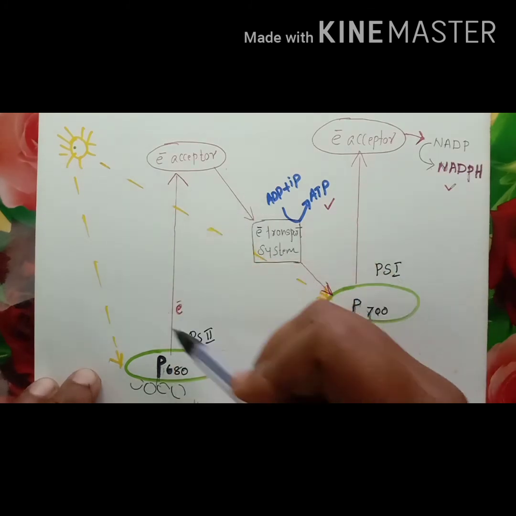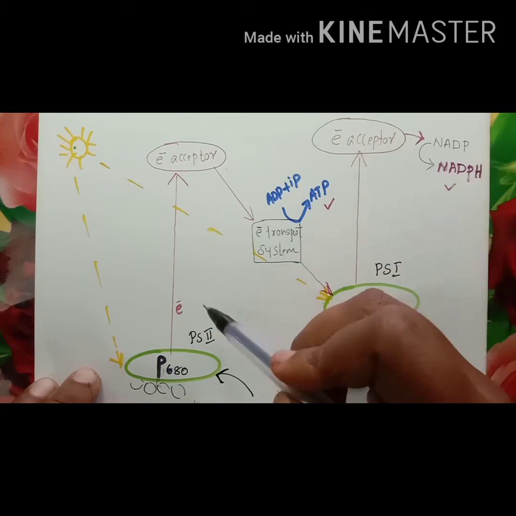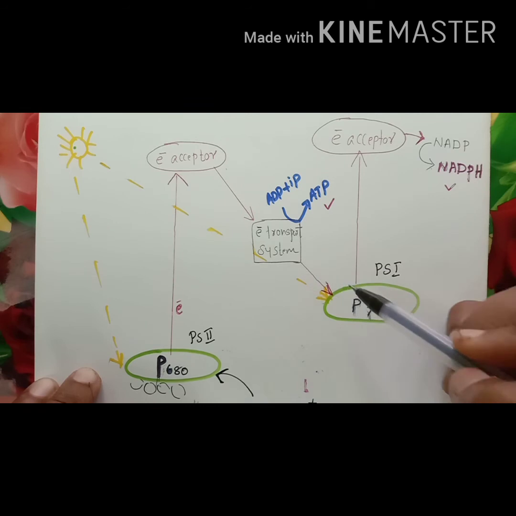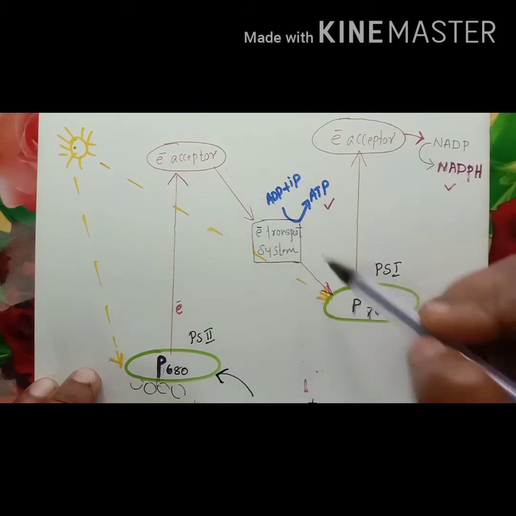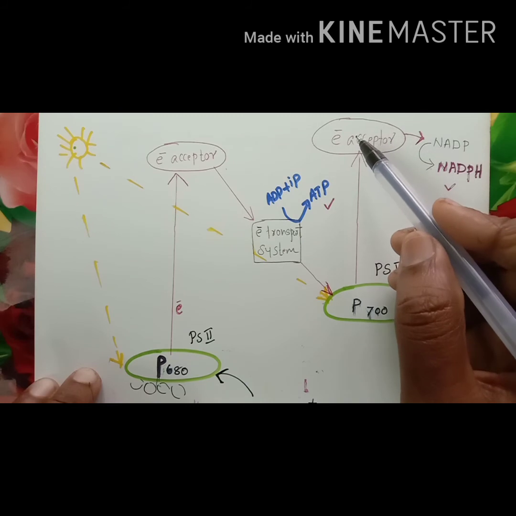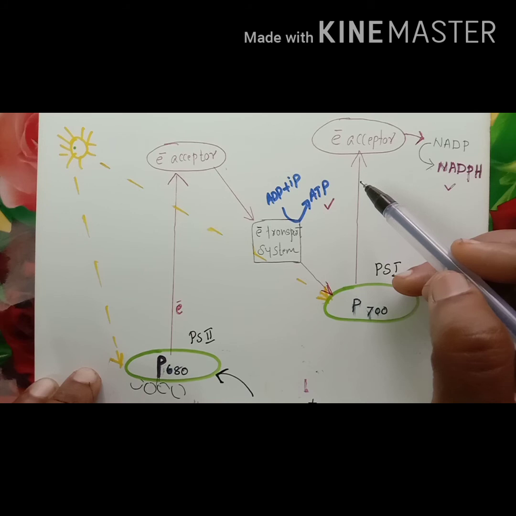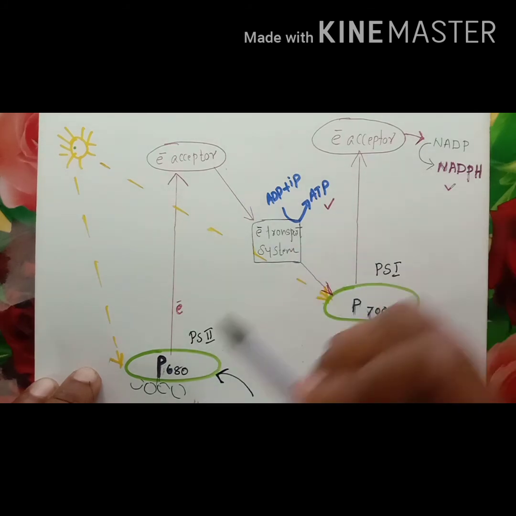So here the electron is moving in which manner? Non-cyclic manner, isn't it? From here the electron moves upward, comes downward, enters PS1, and again moves upward. So this photophosphorylation is called non-cyclic photophosphorylation, because the electron is not coming back.